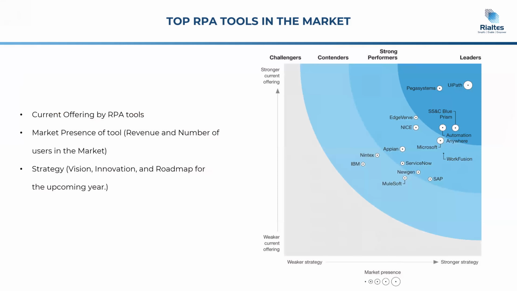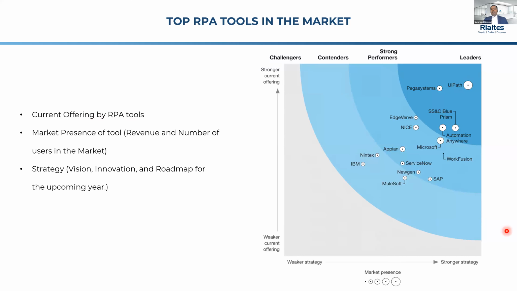Now, when we say that according to the Forrester and Gartner reports, on what basis did they decide these are the top RPA tools? So you can see the current offering by RPA tools.